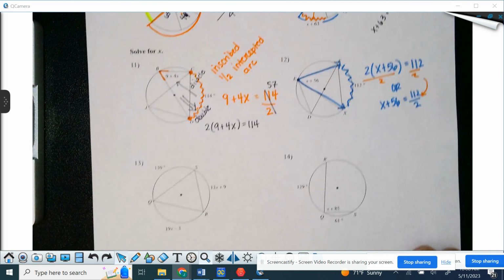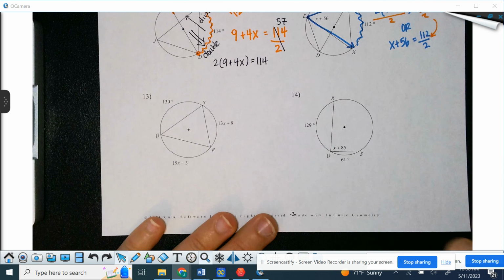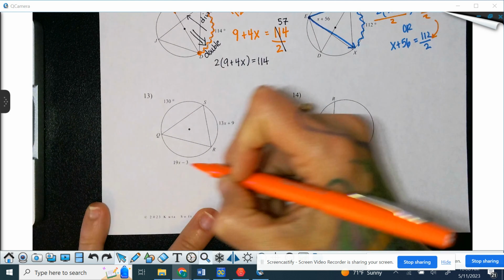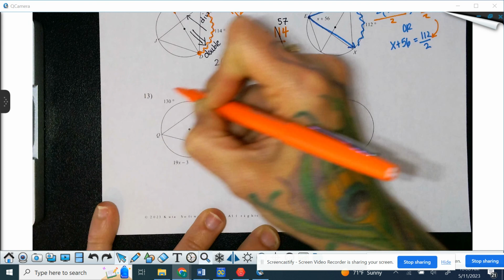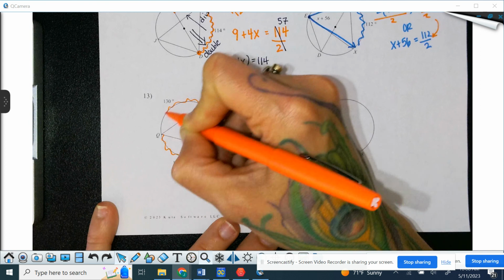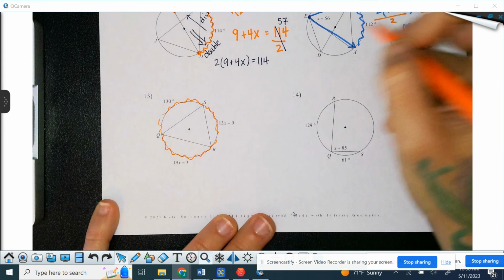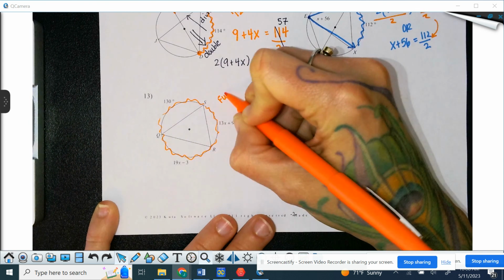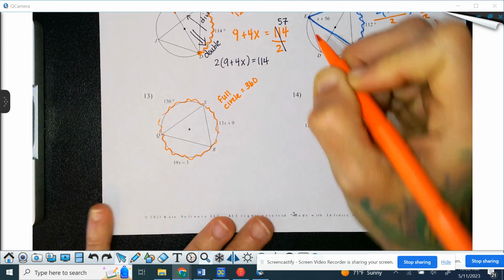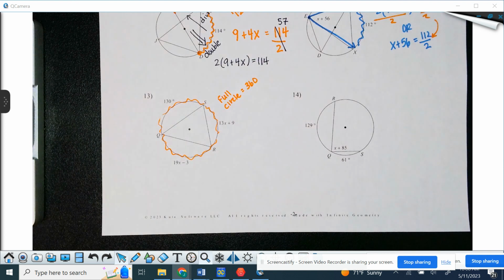Number 13. So we have arcs all the way around, and all they want to know is what is x. So when you see information all the way around a circle, a semicircle is 180. So a full circle, again as a review, is equal to 360. Ultimately, I can add all these together and set them equal to 360.